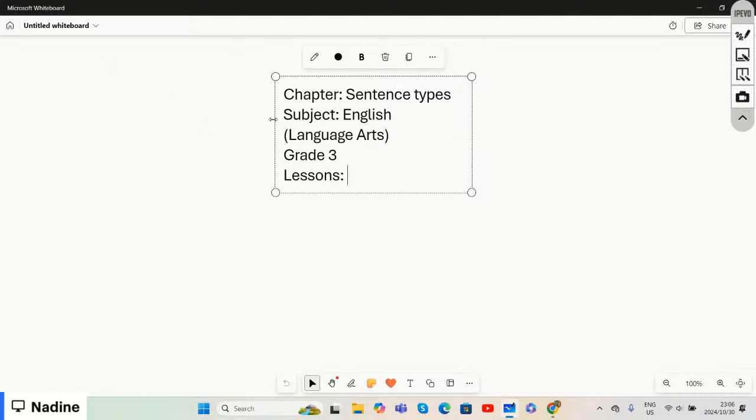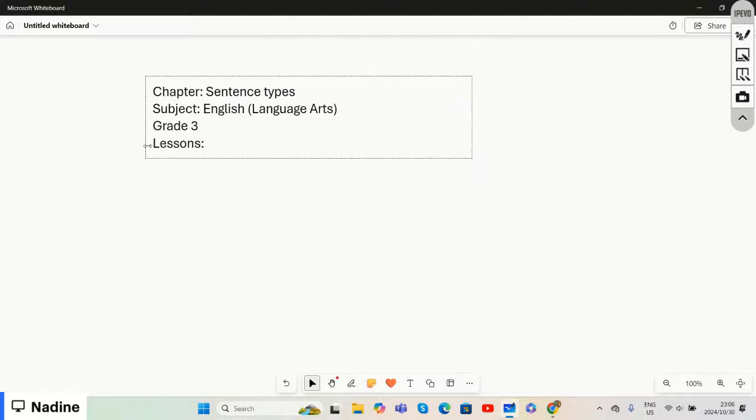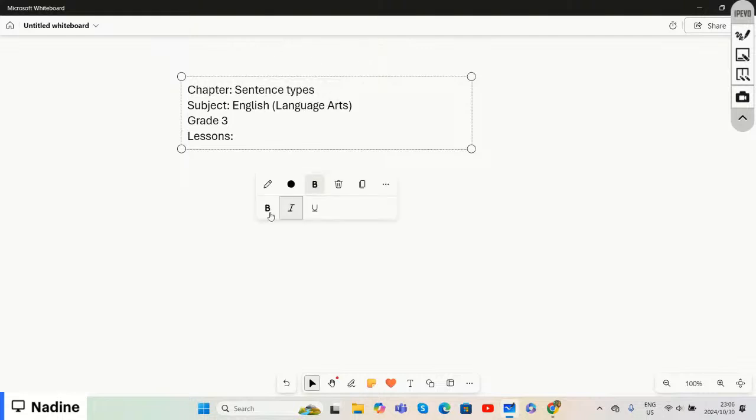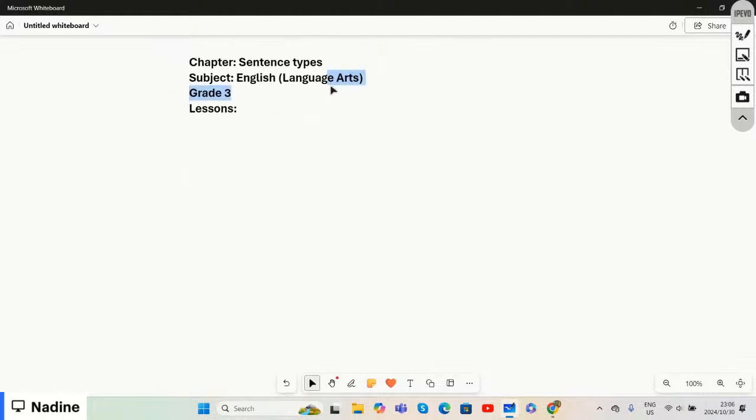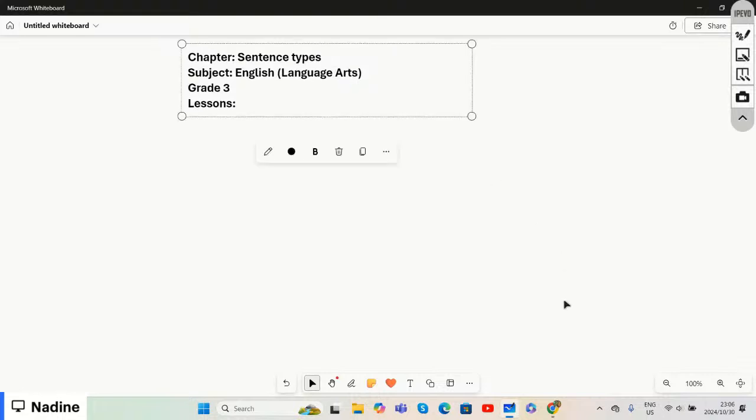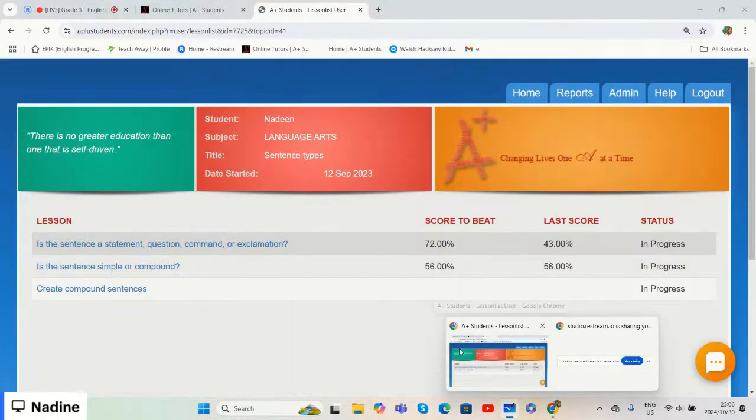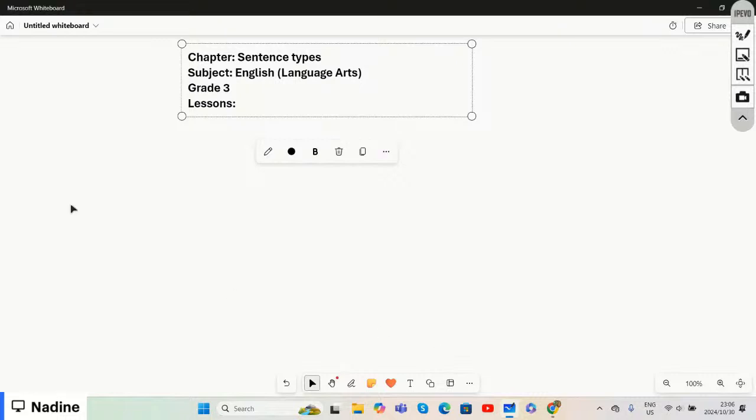And then the lessons that we are going to be focusing on under the chapter of sentence types: is the sentence a statement? Is it a question?